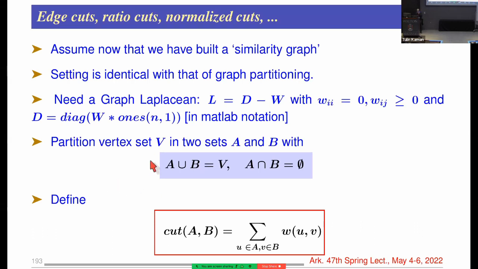So you build the graph Laplacian first, and then you partition the set V into two sets, A and B, such that this is the partitioning, all right? And the definition, you got cut(A,B) is the sum of W(u,v).